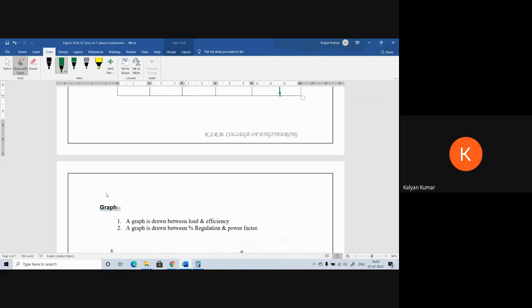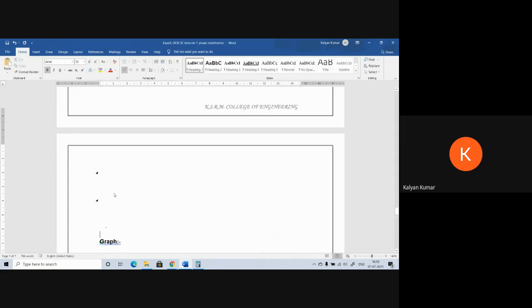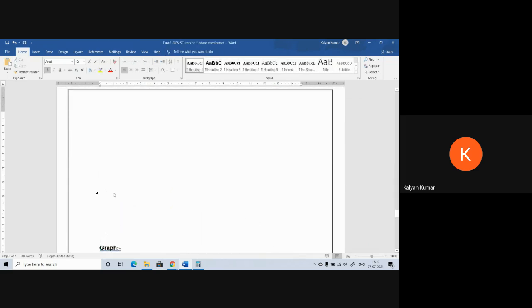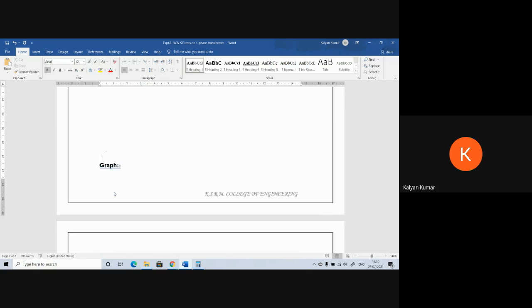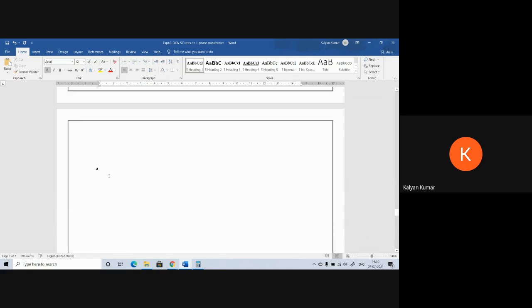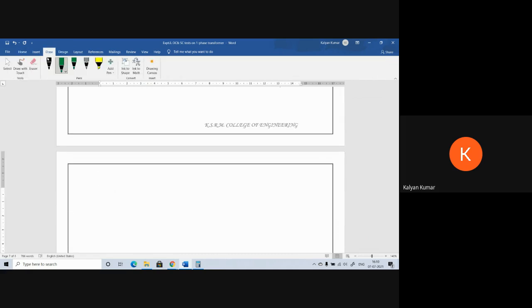Next, let's do the calculations for regulation. Regulation calculation.